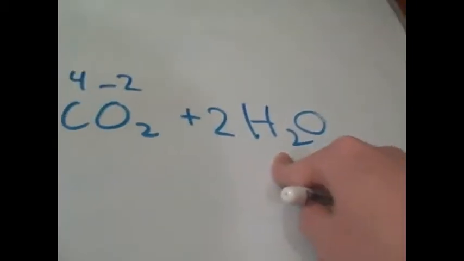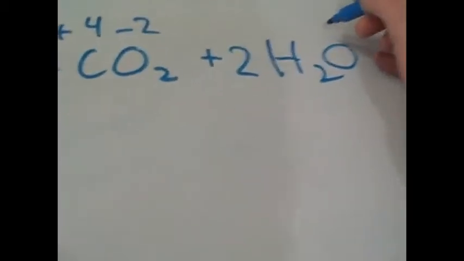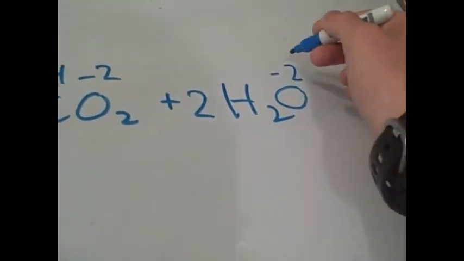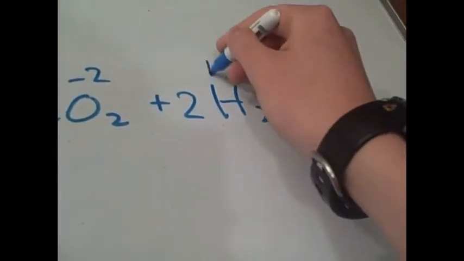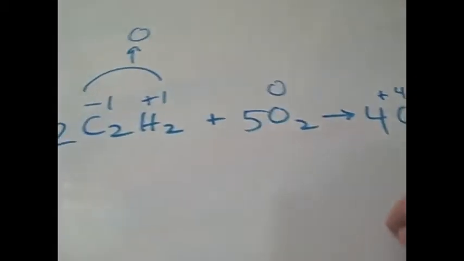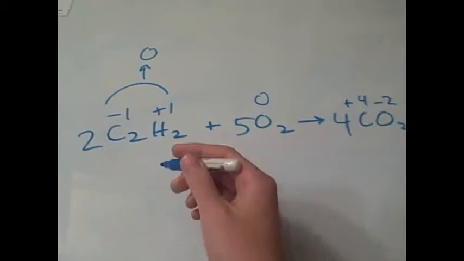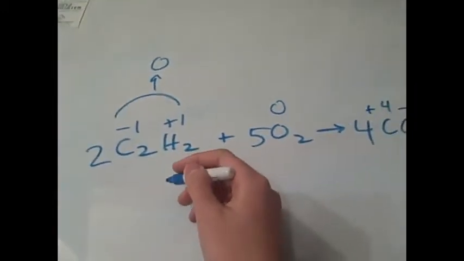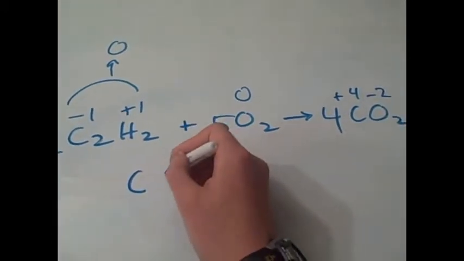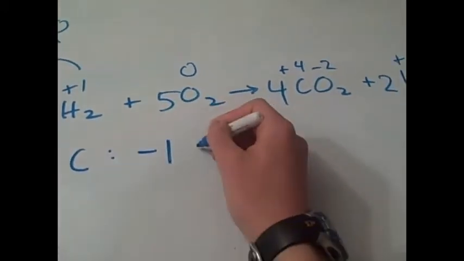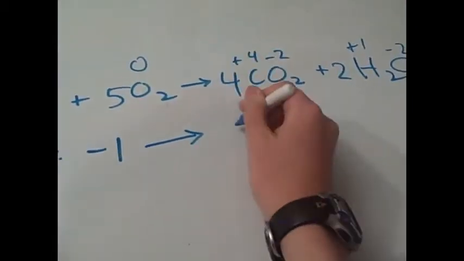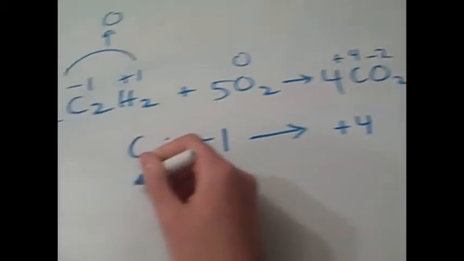And then down here, we make this -2, because oxygen is usually -2, and to even that out, hydrogen will be +1. If we look at both sides of the equation, carbon went from -1 there to +4 here.